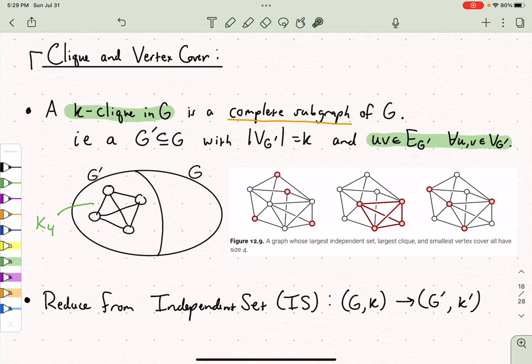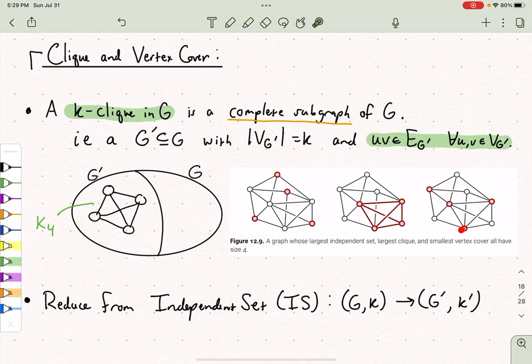And last but not least, we have the vertex cover problem, which says we have a set of nodes, and we want every single edge in the graph to touch these nodes. So pick any edge, like this one. It's touching one of the nodes in the cover.